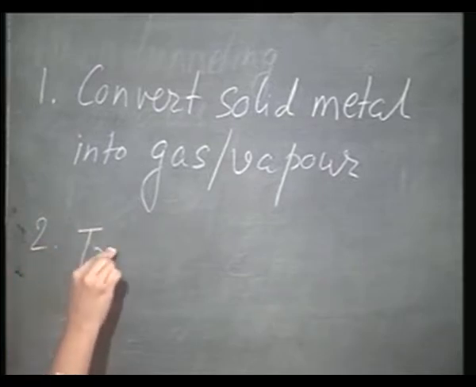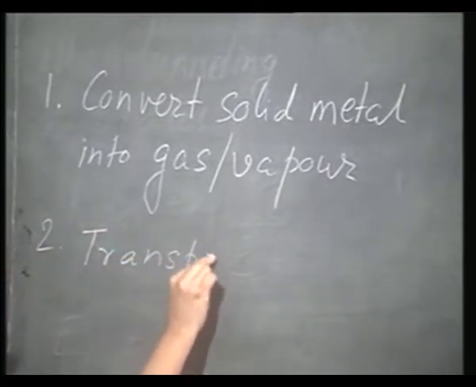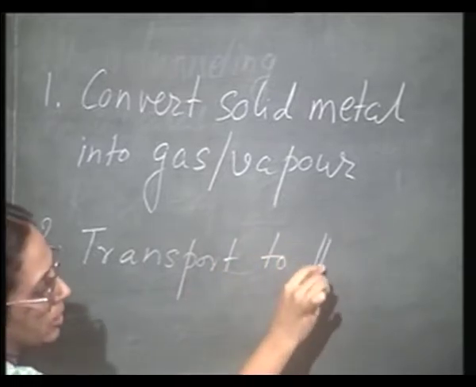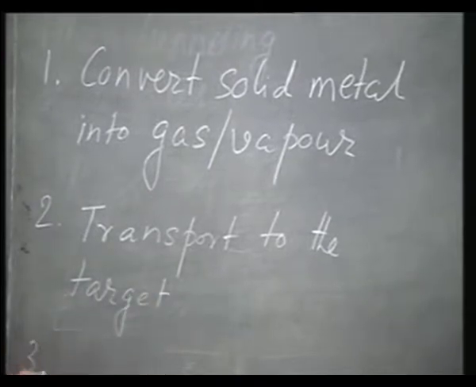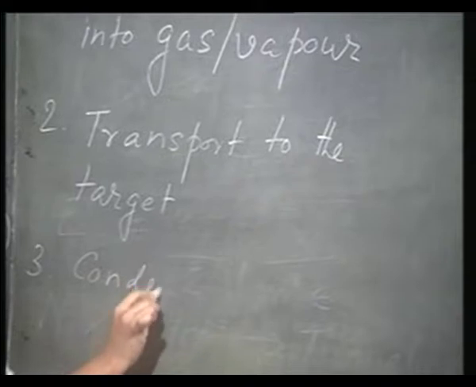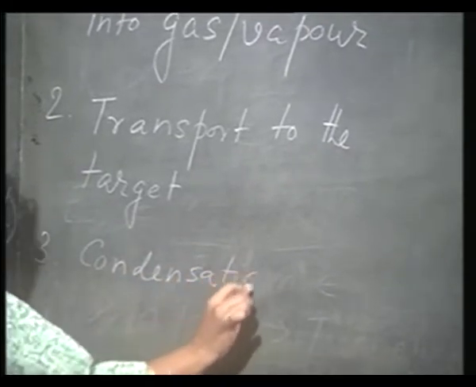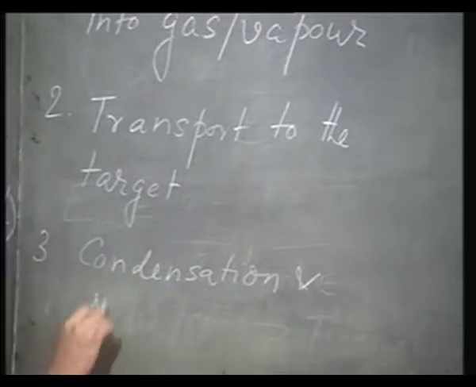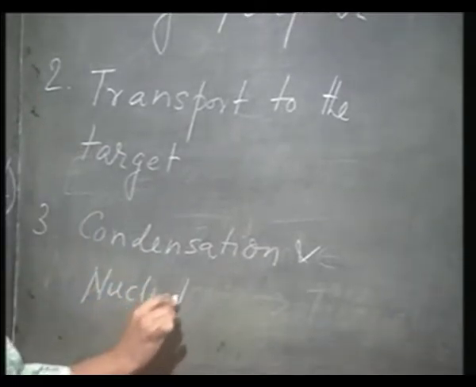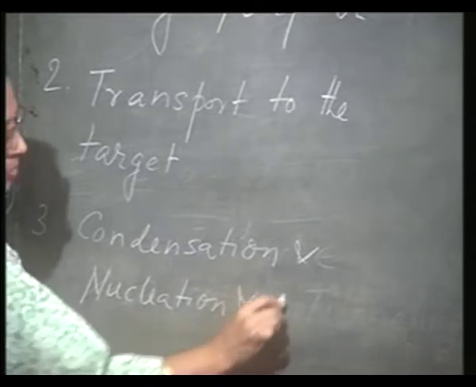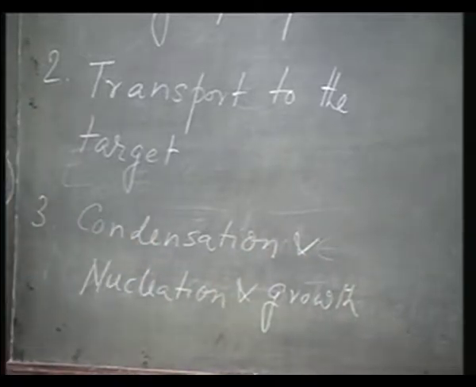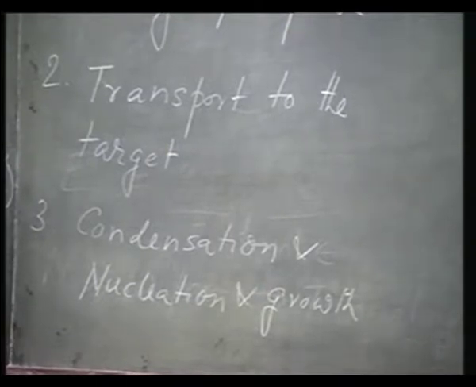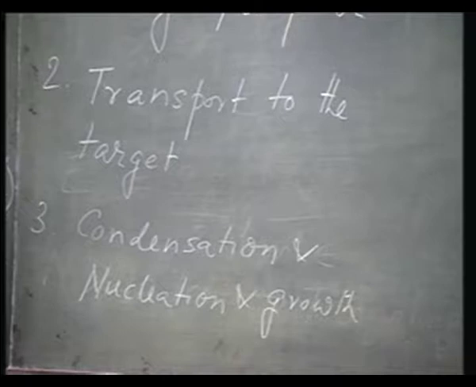Second, transport to the target, and finally condensation of the vapor back and nucleation and growth of film. So, whether it is vacuum evaporation or RF sputtering, you have these three processes.